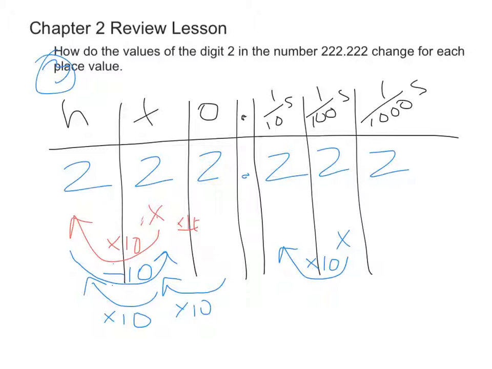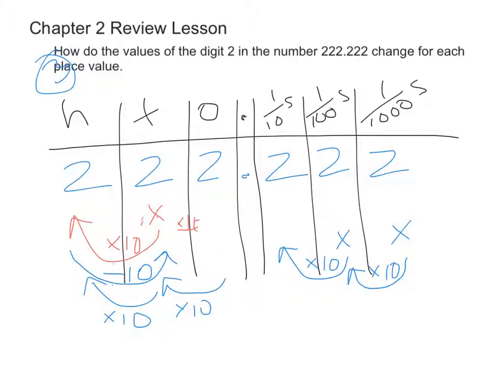And again, if I had 2 thousandths, if that 2 were to move from the thousandths to the hundredths, that would mean I'd have to take 2 thousandths and multiply it by 10 to get to 2 hundredths. So how do the values of the digit 2 in this number change for each place value?